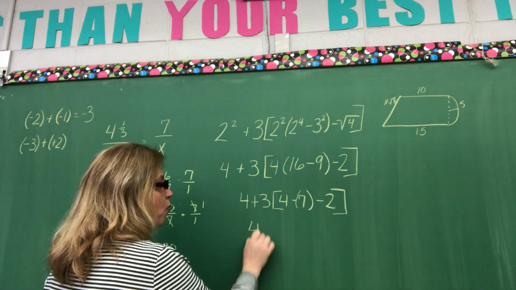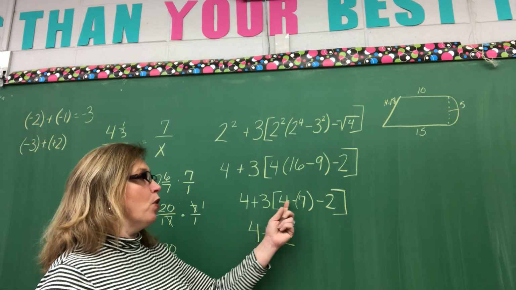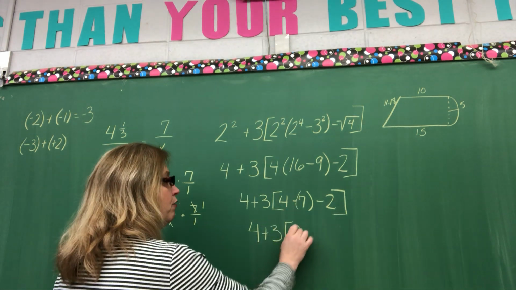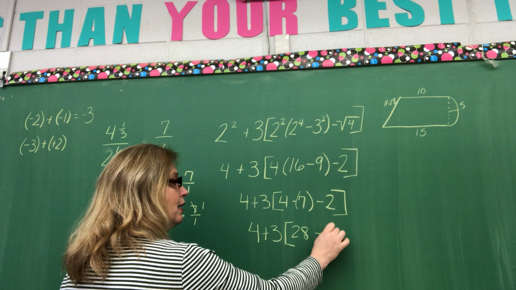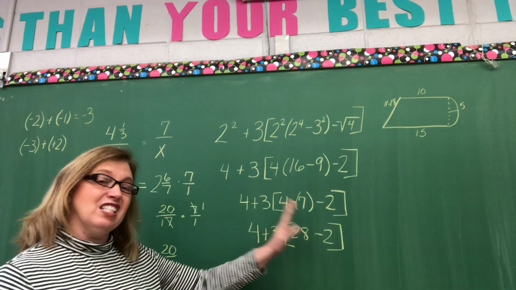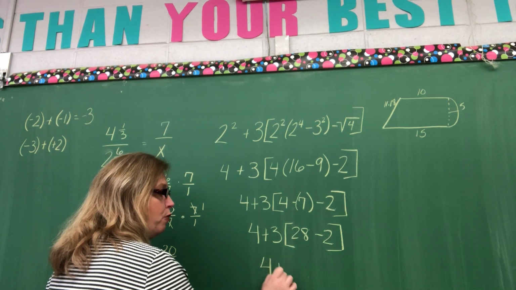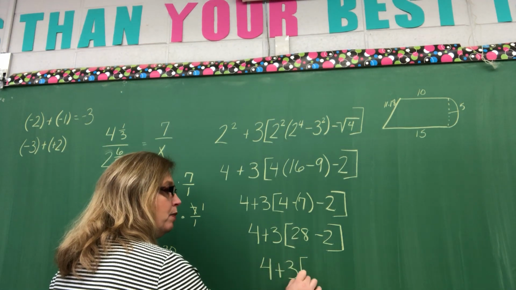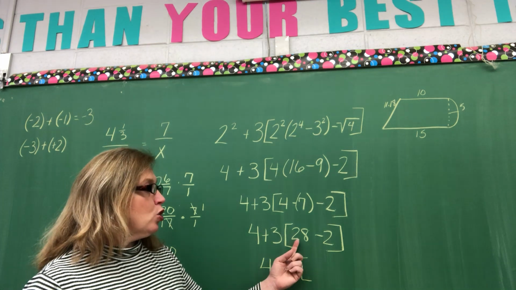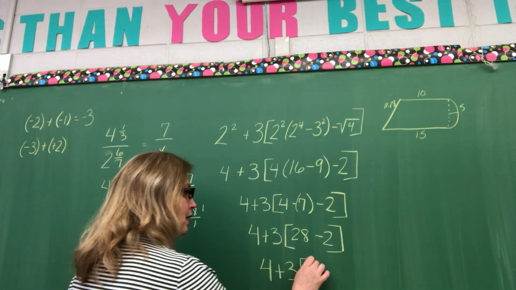So we're going to say 4 plus 3 bracket, multiply 4 times 7 for 28, minus the 2 and our bracket. Now, we still have to stay inside our brackets and parentheses, so we're just going to bring down the 4 and the 3. Bring down your next bracket. 28 minus 2 is 26.